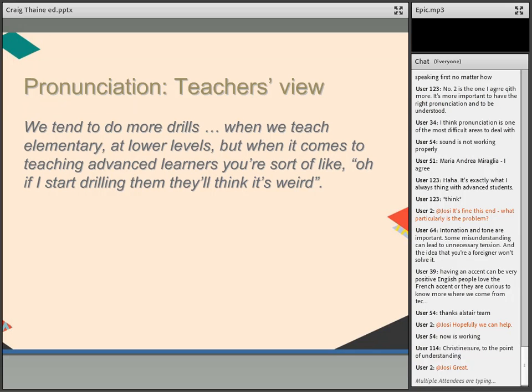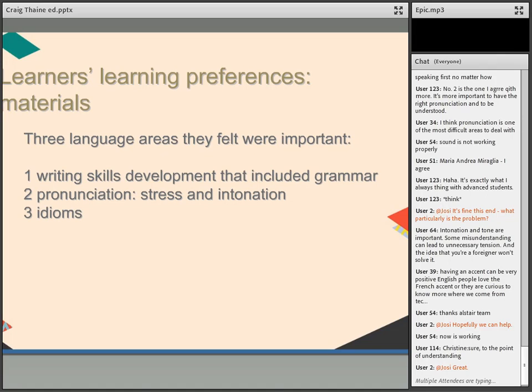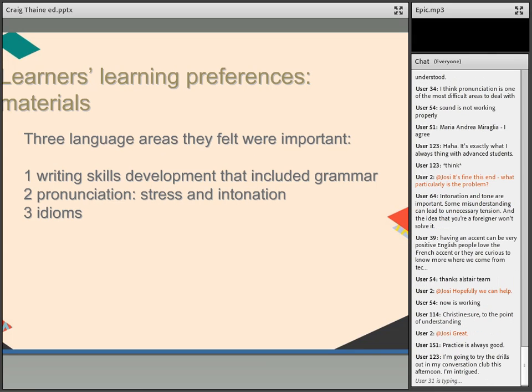So I would like to move on now and look at learning preferences. And in particular, first of all, I'd like to look at materials, the kind of materials that these learners like to use. So what I did, looking at their questionnaires, I isolated 3 particular language points that learners had indicated were specific areas of need for them.